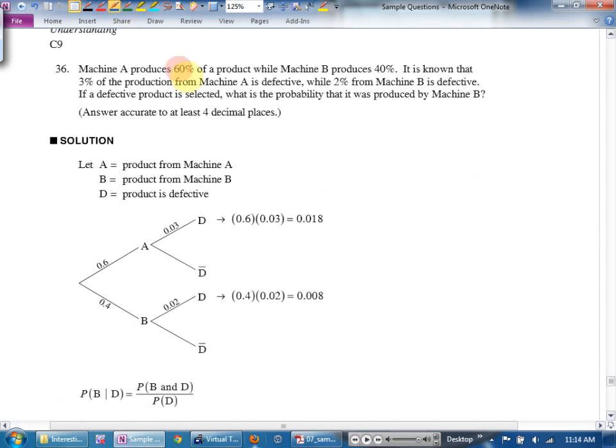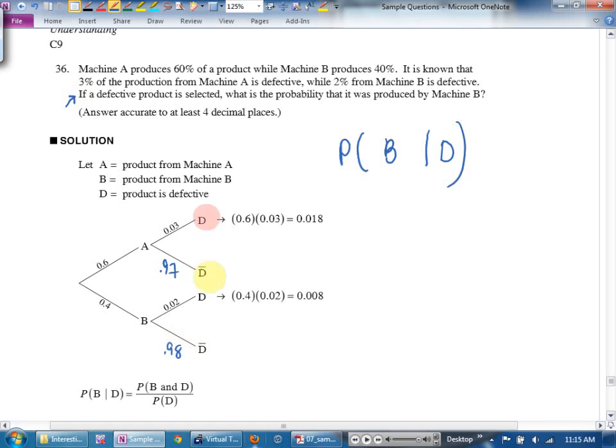If that's given that you're defective, what's the probability that it came from factory B? Defective is the final level. We're moving up the tree. That's why this is conditional probability. This is going to be the probability of B and D, the branch that has both of those, divided by the given one, any branch that ends in that.